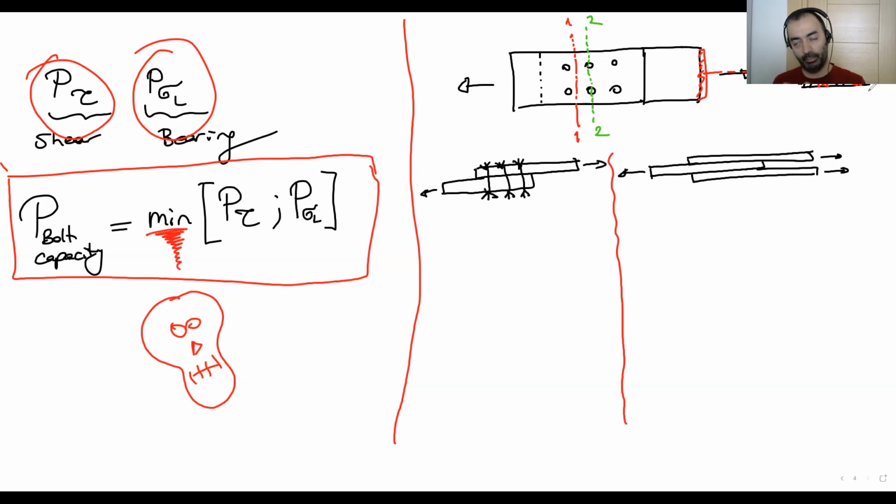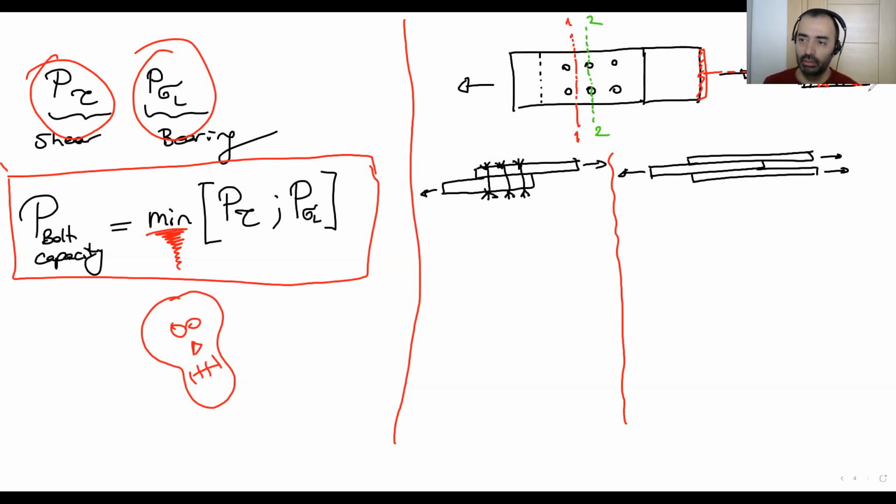At that portion, stress will increase, because it's the same force P we have to transfer on the section. If the area goes down, stress goes up. Remember, stress equals force over A. A goes down, stress goes up. If we have higher stress, that's a problem for us. That's why we always check the minimum area locations.